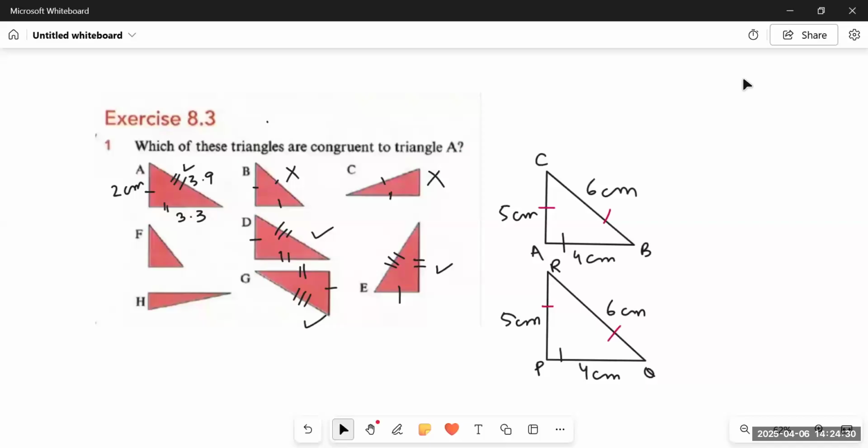But students, if we look at part E, the sides are not congruent.